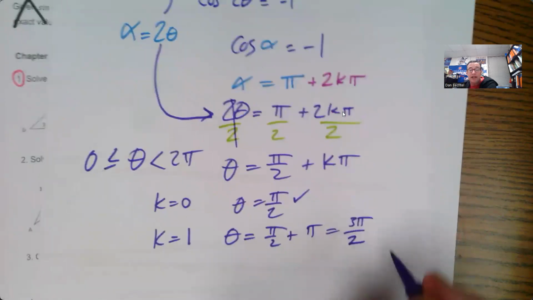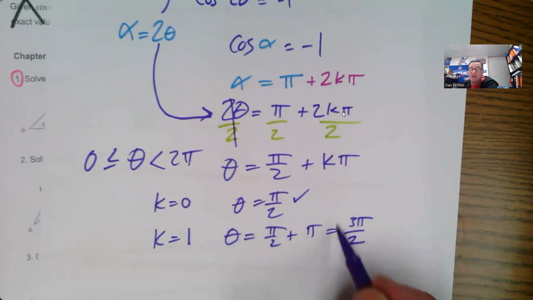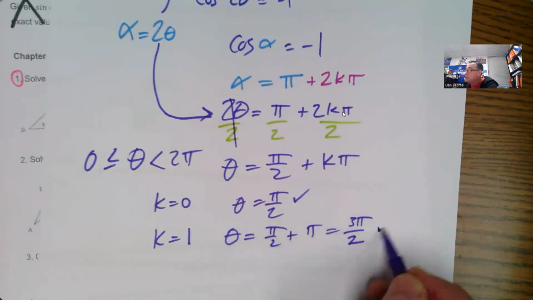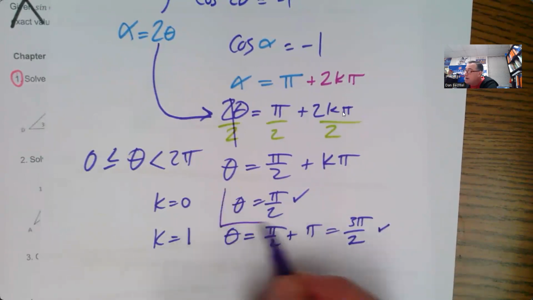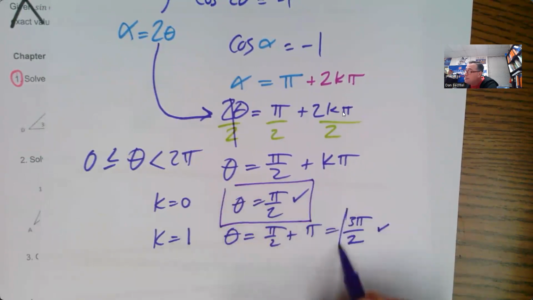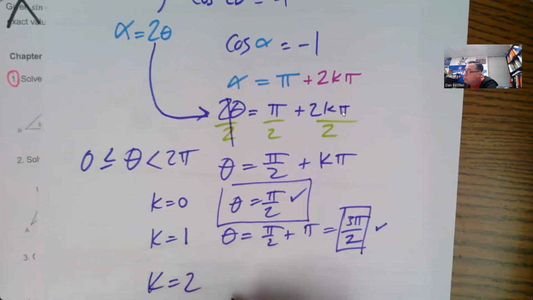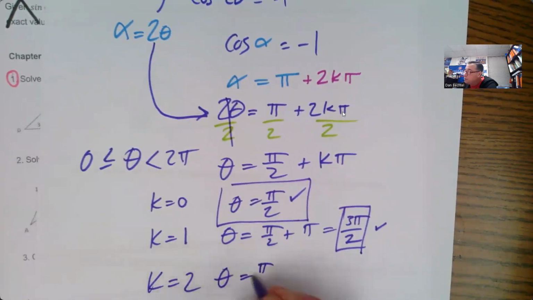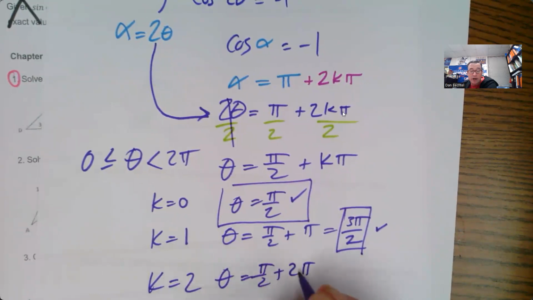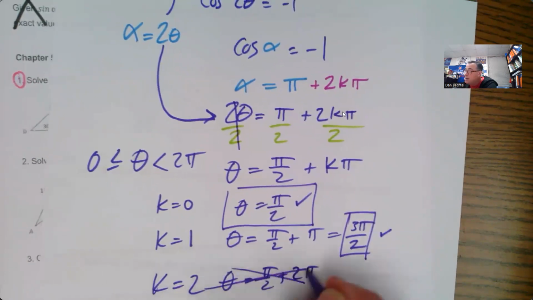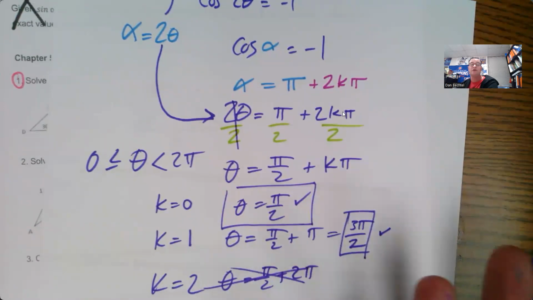Now, if I put another one in there, I'm going to be adding another pi. This is already almost at the end. So the only 2 answers that I could possibly have are pi over 2 and 3 pi over 2. If you want to check it, k equals 2, theta is pi over 2 plus 2 pi. I'm already over a rotation here, so that is the reason why this does not work. And that's what you've got to do for all of these.